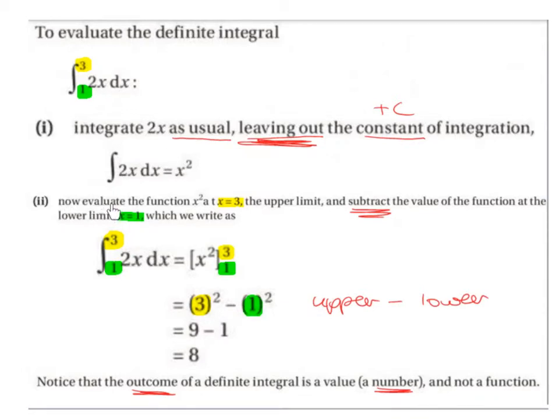Step 2: now evaluate the function x squared at x equals 3, the upper limit, and subtract the value of the function at the lower limit x equals 1, which we write as x squared between 3 and 1. So we have 3 squared minus 1 squared, which is the upper limit minus the lower limit, which is 9 minus 1, which is 8. Notice that the outcome of a definite integral is a value or number and not a function.